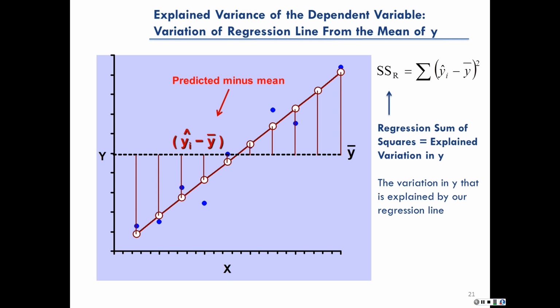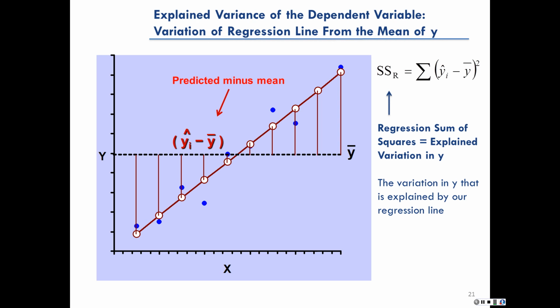To get the regression sum of squares, we're subtracting the mean of y from each individual predicted value along that red regression line.